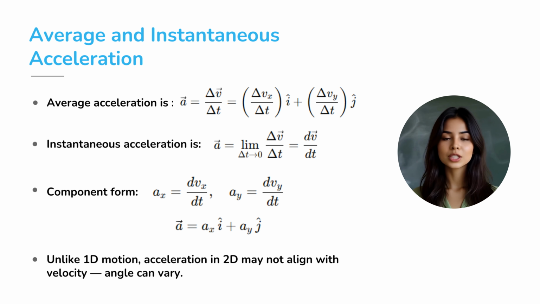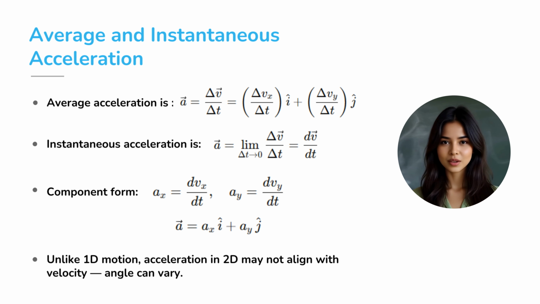Let's look at acceleration in two dimensions. Average acceleration is defined as the change in velocity over the change in time. In component form, this becomes delta v sub x divided by delta t times i hat plus delta v sub y divided by delta t times j hat. To find the instantaneous acceleration, we take the limit as delta t approaches 0. This gives us the derivative of velocity with respect to time, a equals dv divided by dt.